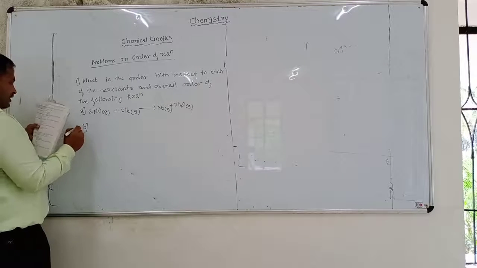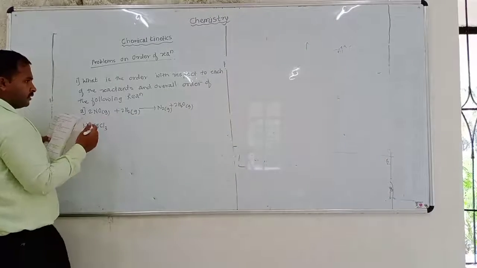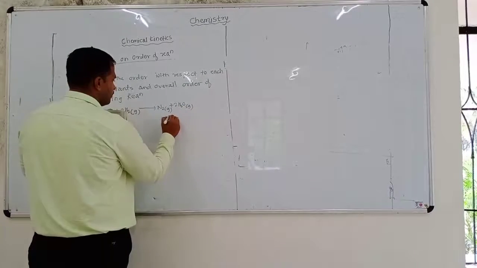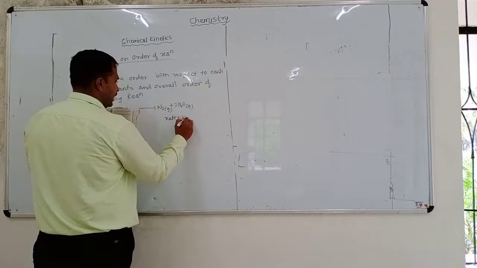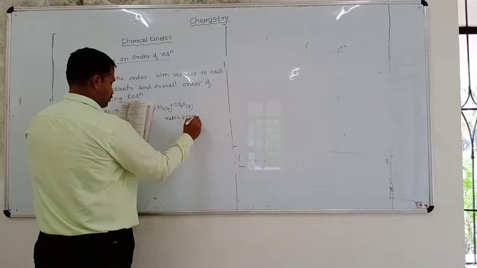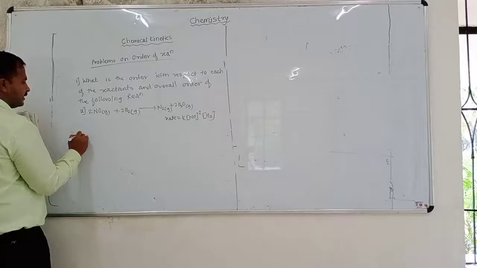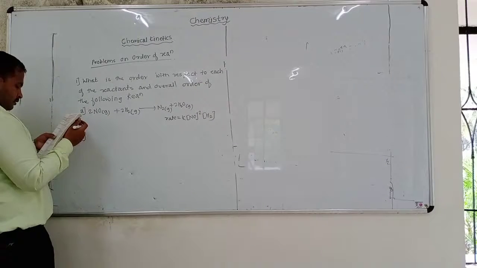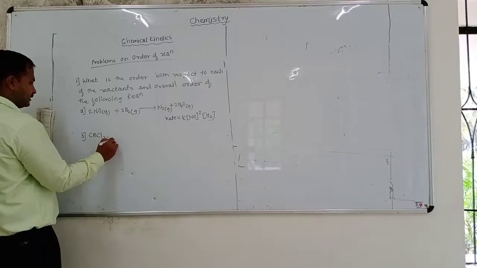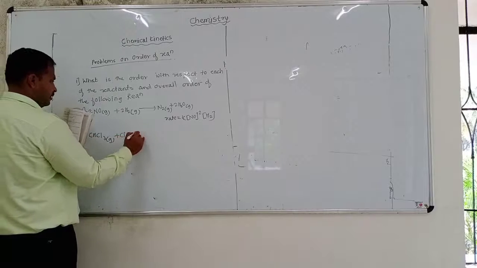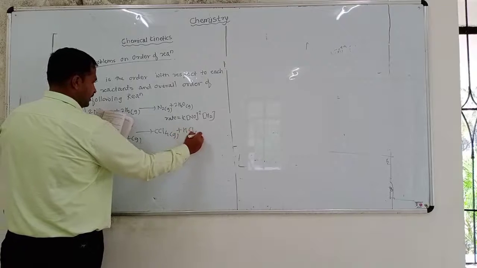The rate of the reaction is equal to K into NO raised to square, H2. Okay, in the second reaction, CHCl3 gaseous plus Cl2 gaseous to get CCl4 gaseous plus HCl gaseous.